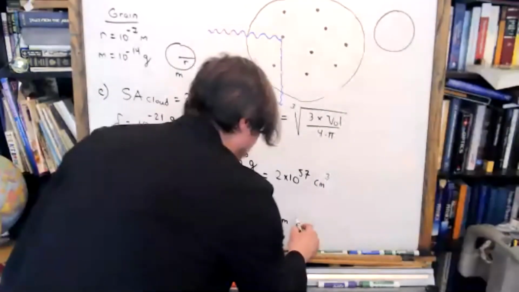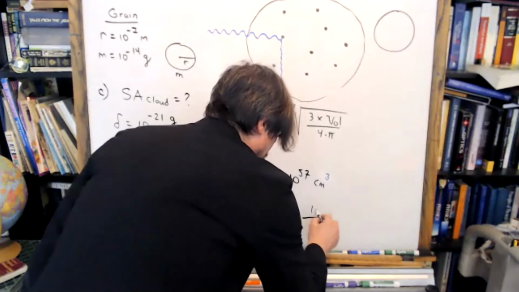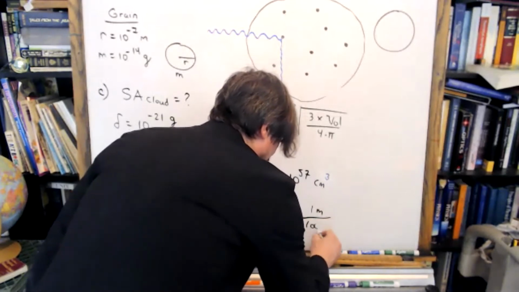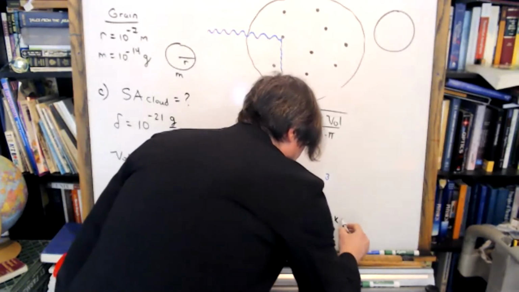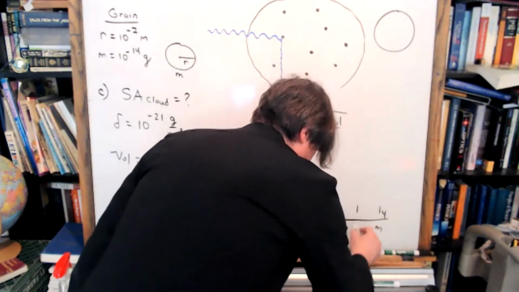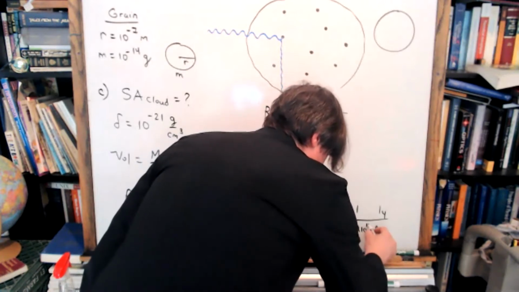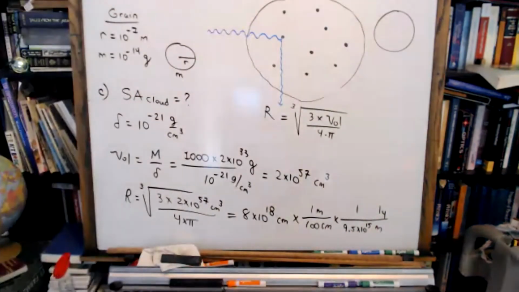Let's now convert that by doing 100 centimeters per meter on the bottom, and then meters to light years is 9.5 times 10 to the 15. Can you guys tell me how many light years that is?